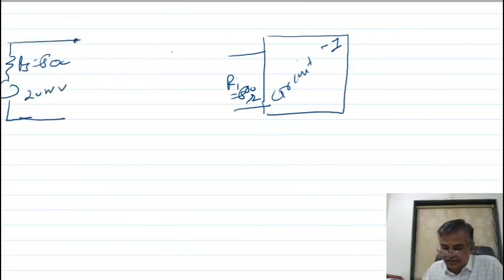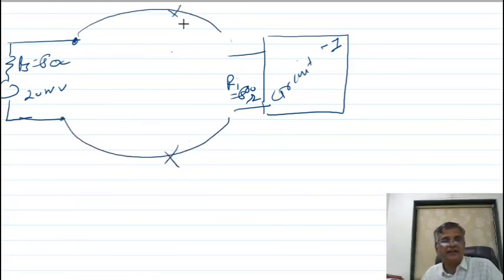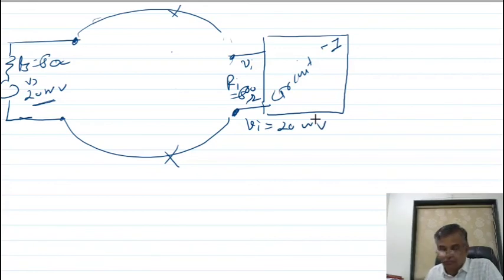I cannot connect this point to this point. I cannot connect like this. Why? If you connect this, you will not get 20 here. This voltage Vi, you want to get 20 millivolt. But if you connect this, you will not get the 20. So what do I have to do? I have to connect something between these two.